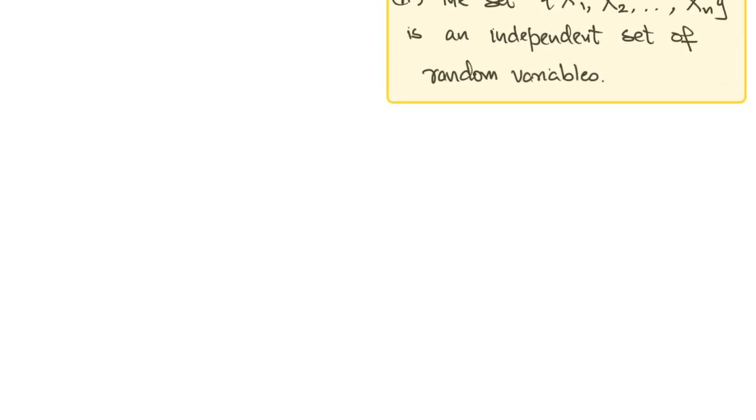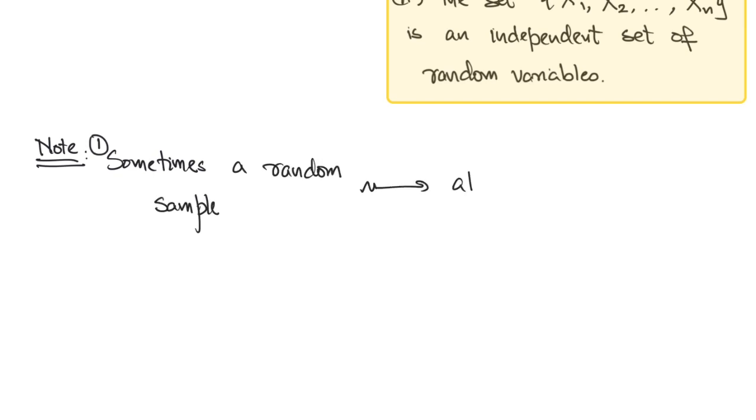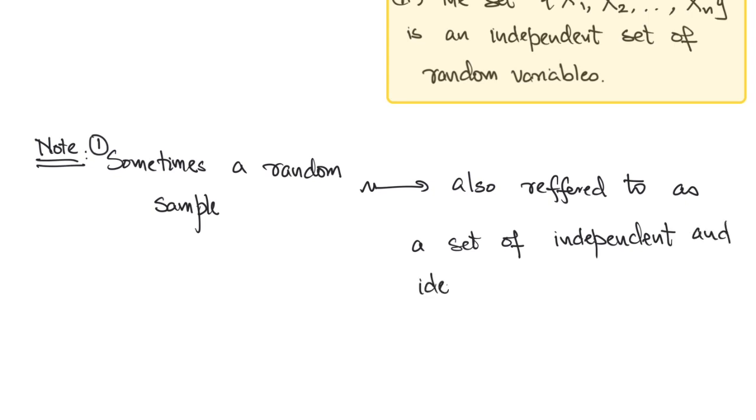Note that sometimes a random sample would also be called a set of independent and identically distributed random variables. This is quite a prevalent way of describing a random sample in a lot of academic literature.